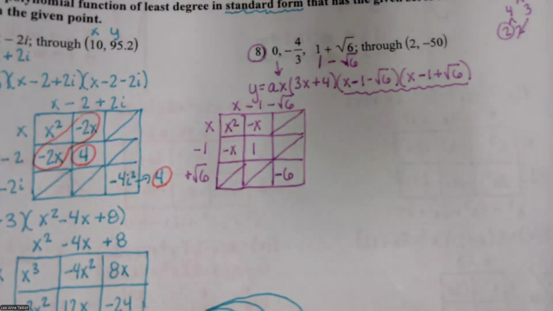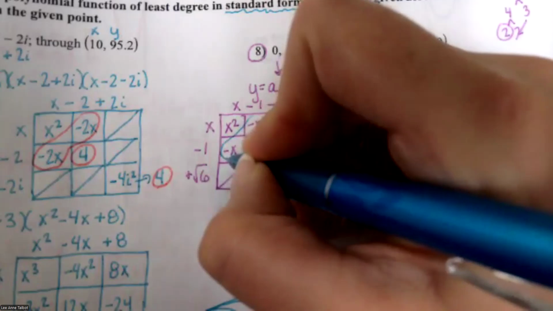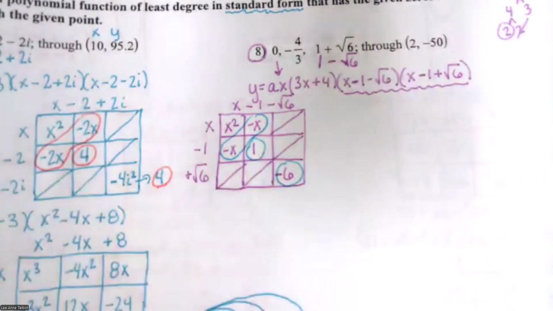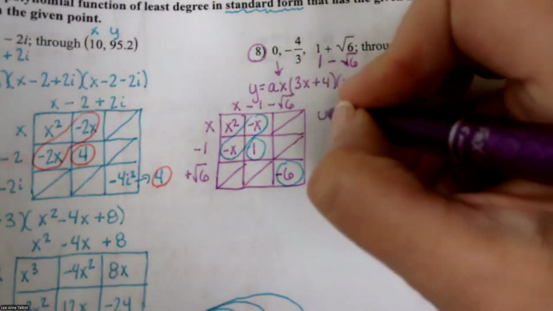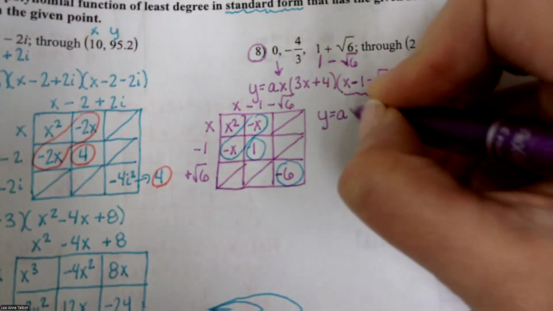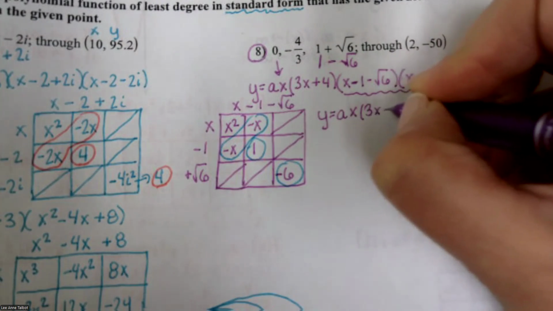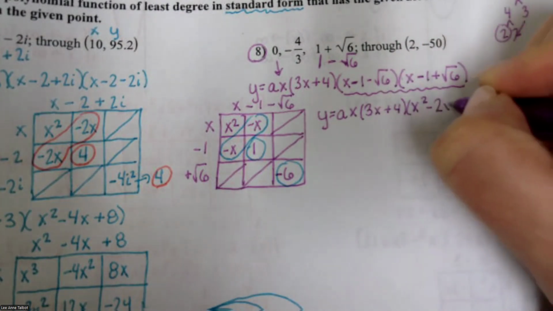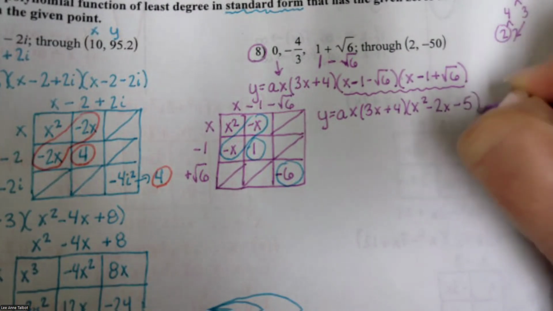Can you all see where the -6 came from? Okay. So I have y equals a, x, 3x plus 4, x squared minus 2x minus 5.